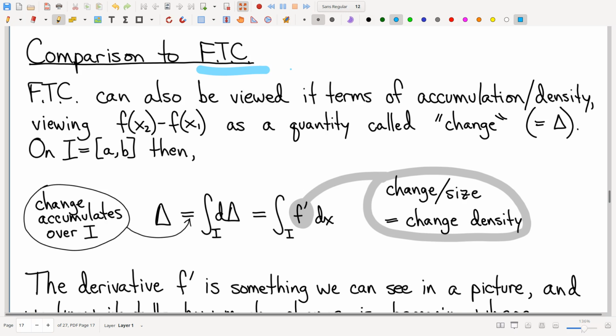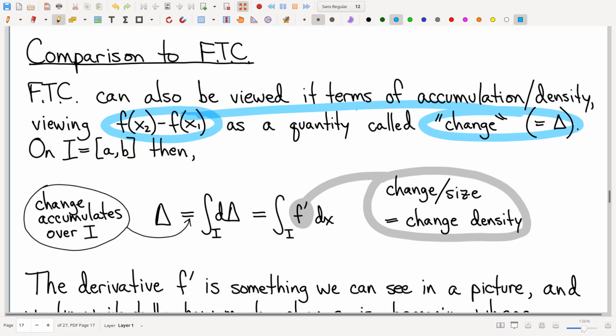So I'm going to point out that the fundamental theorem of calculus can be thought of as being about this formula that you might want to instead think of as basically being f of b minus f of a, and you can see how that connects to the fundamental theorem, of course. I'm going to view this as an expression called change. I'm going to think of it as being a quantity.